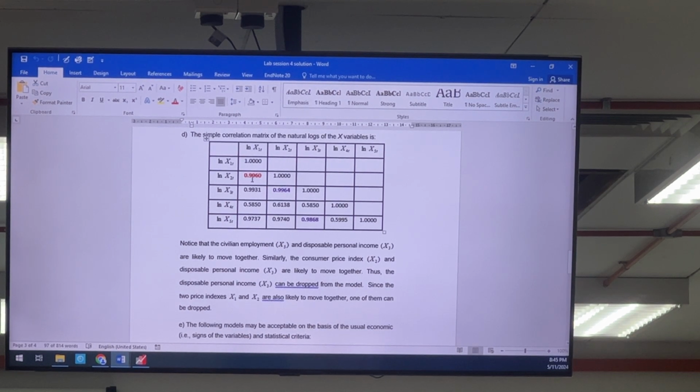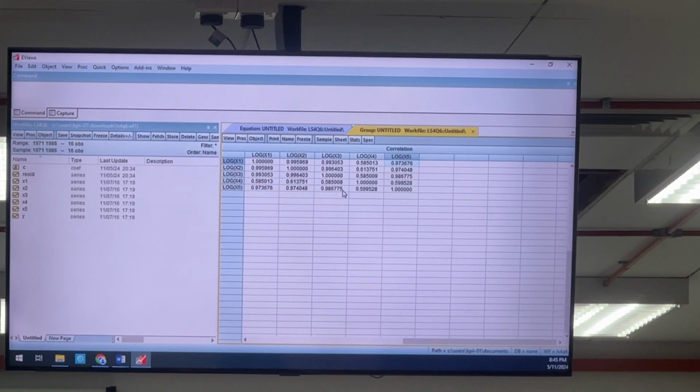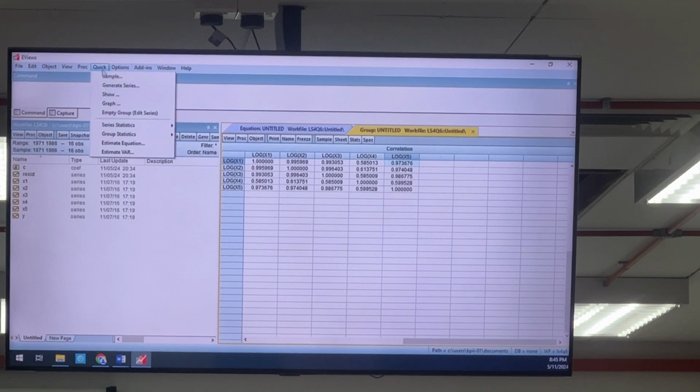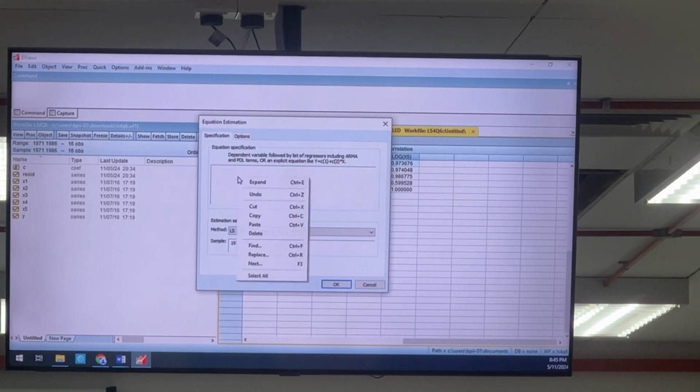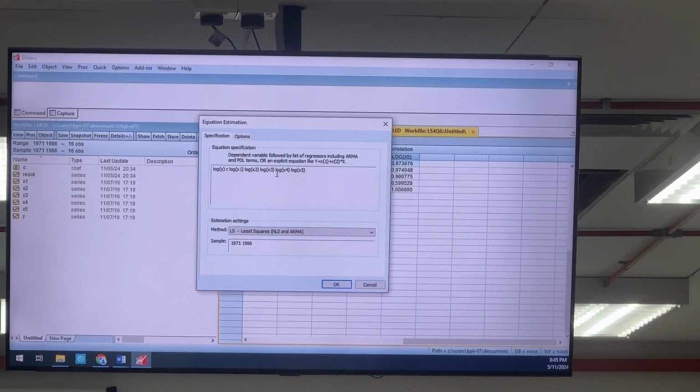So let's say we remove x2 and x3, and then estimate the model. We only retain log x1, x4, x5.